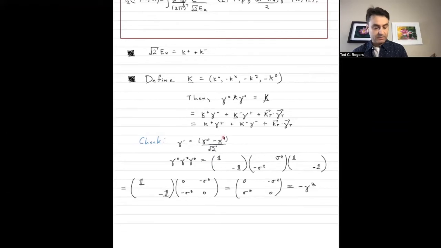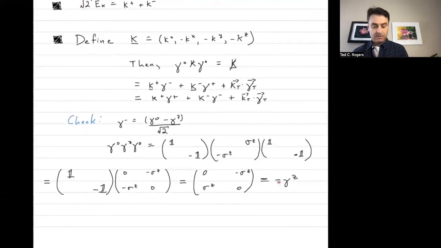So let's just look at the sandwiching of the gamma zeros around the gamma Z. And if I do that, I use the Dirac representation of the Dirac algebra for gamma Z. And gamma 0 is just the diagonal entries with a minus sign here. And write that out, and I get negative gamma Z.